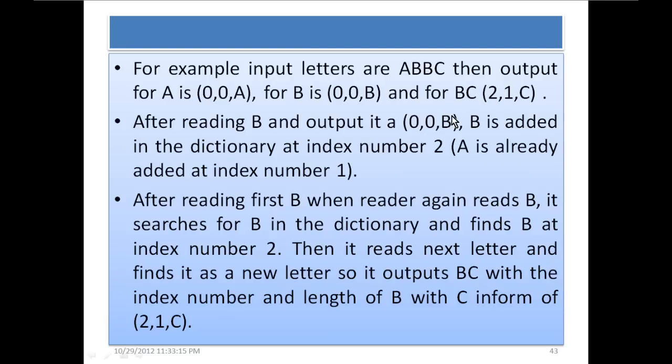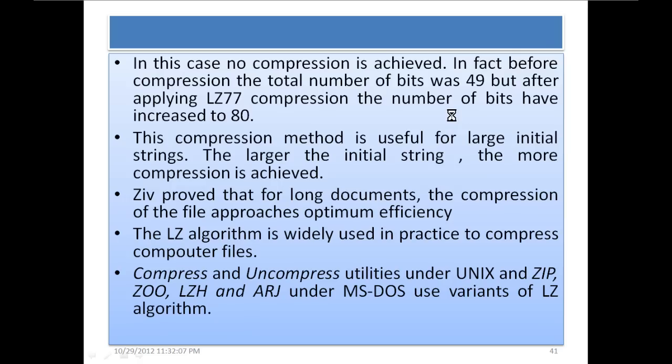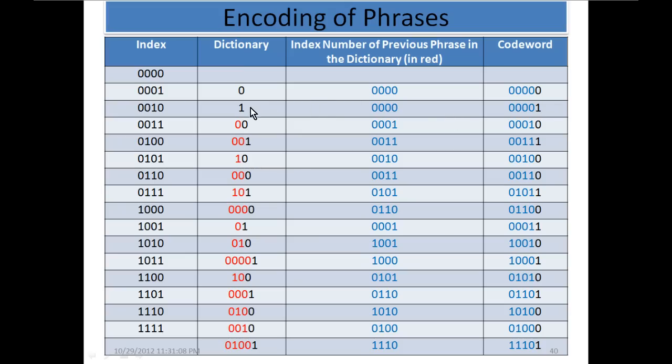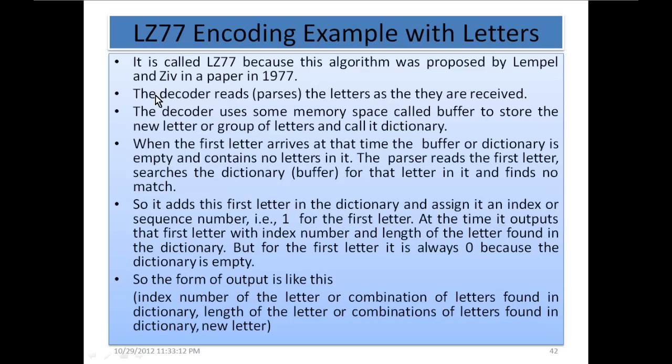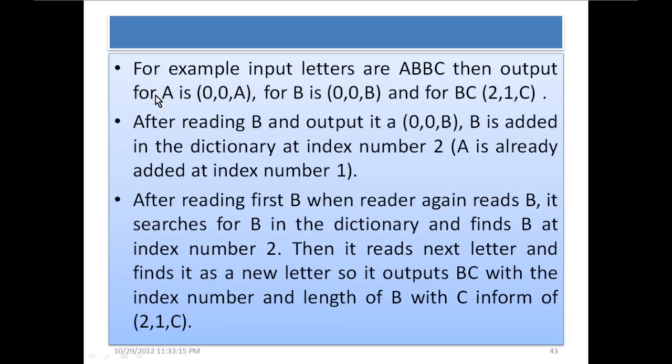As we have seen in the previous example, whenever we find the phrase already in the dictionary, we don't transmit this phrase by itself, but we simply transmit its location. Here the location was written in binary form. Now here we are writing the same thing in decimal form, just to understand it.